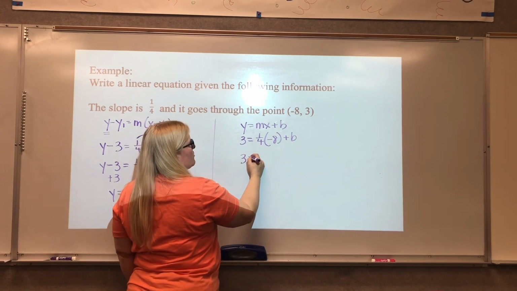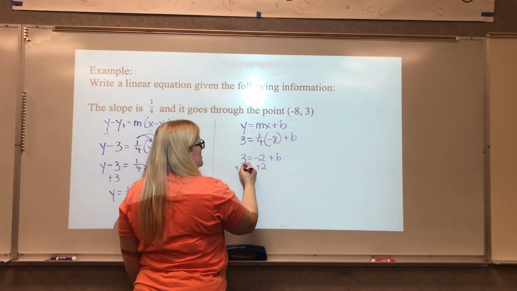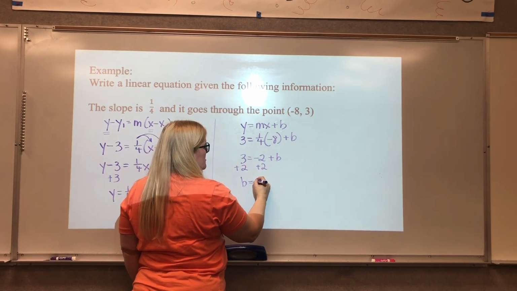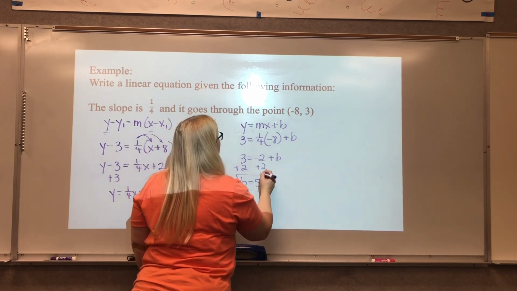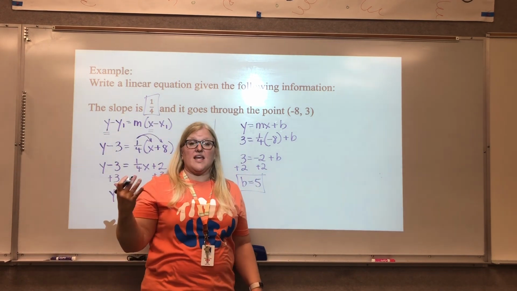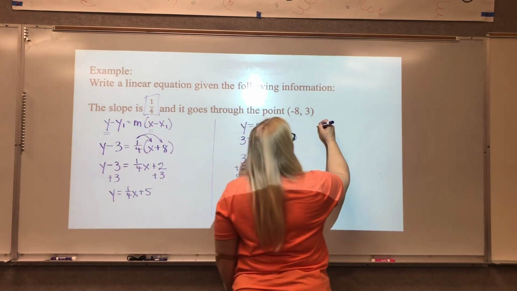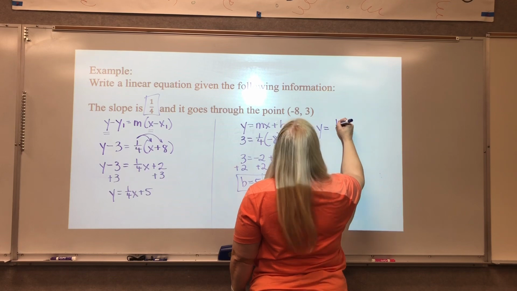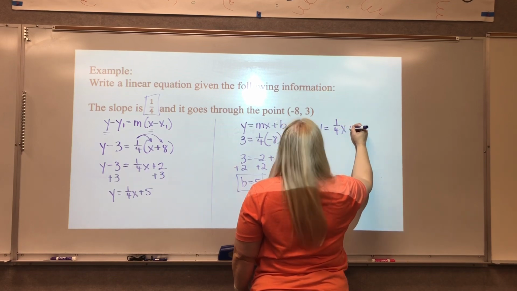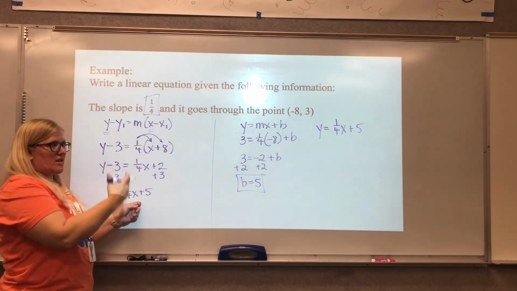So 3 equals -2 plus b. If I add 2 to both sides, I get b equals 5. So now I have b and I have m, and now we're back to the very beginning of the lesson, with those problems we did first. So that's going to be y equals mx plus b, and you can see that we get the same answer.